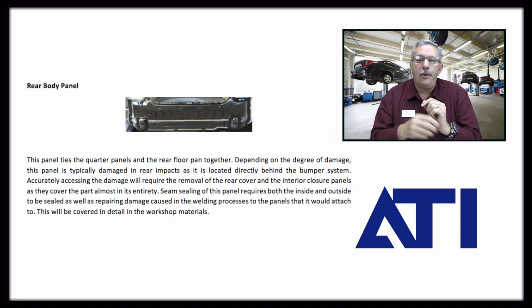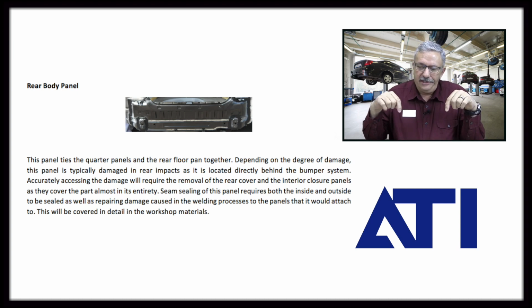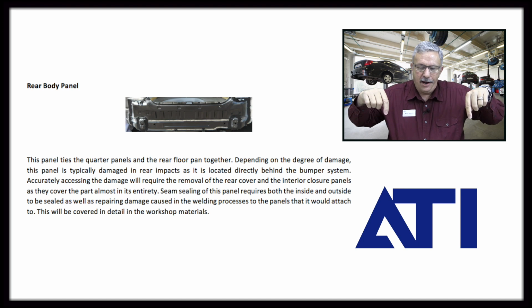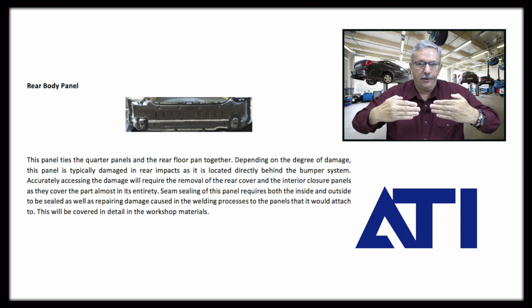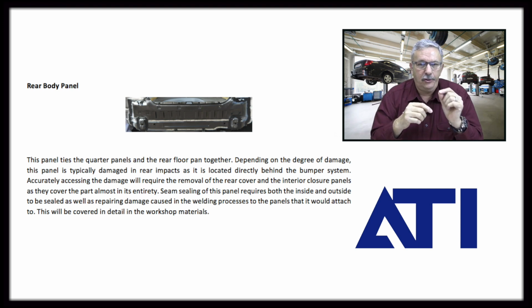A couple things that go with this that are important. These all have to be seam sealed. What does that mean? There is a seam that's going to run around the floor pan and then go back to the edge of this rear body panel. It's important for two reasons that this area is sealed. Number one, it's because of water intrusion.